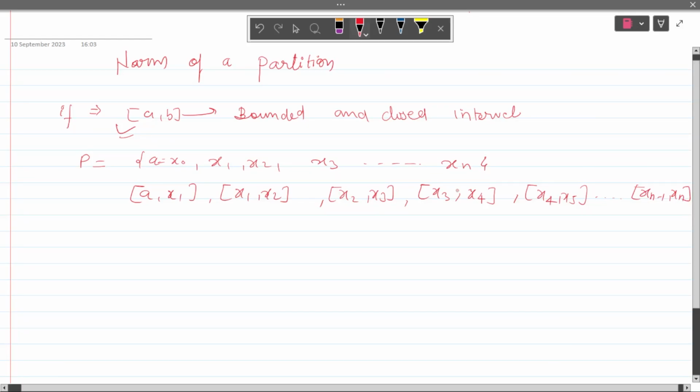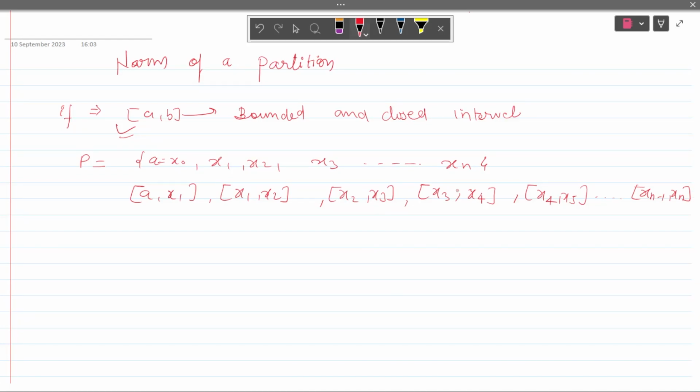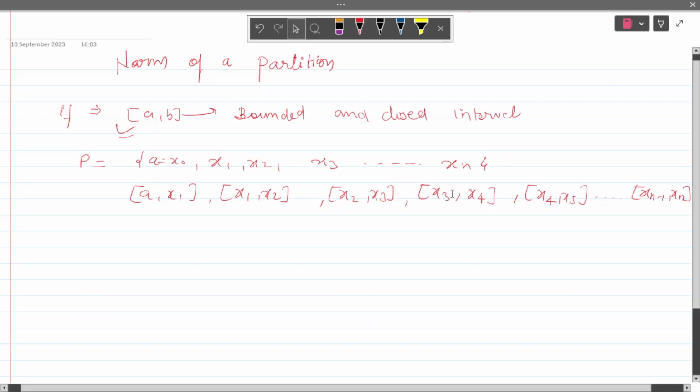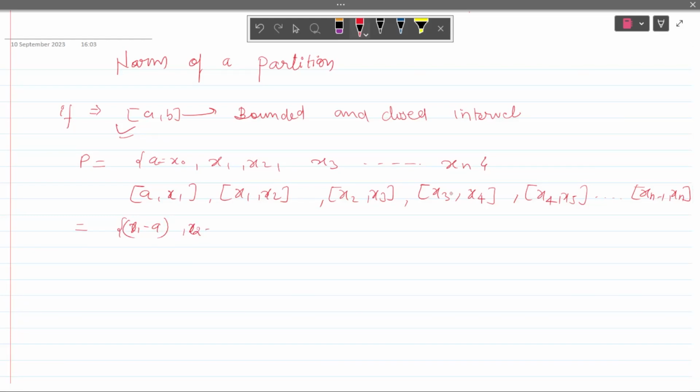Now if I take the length of all these intervals, I can write x1 minus a, x2 minus x1.